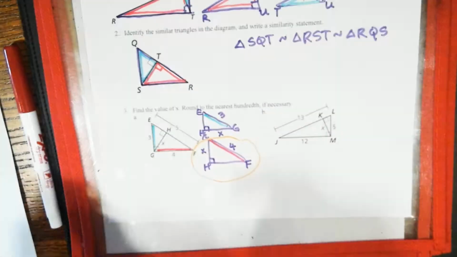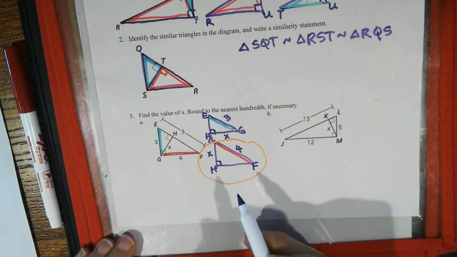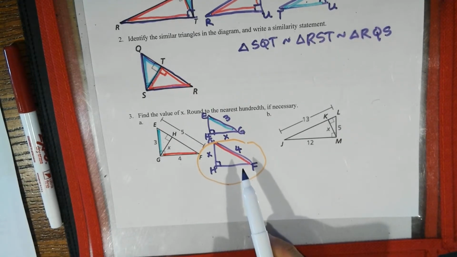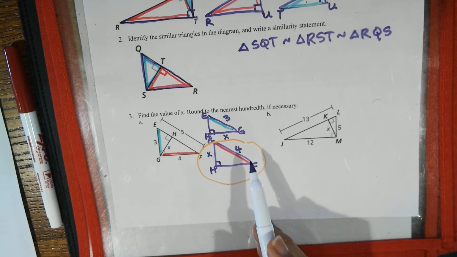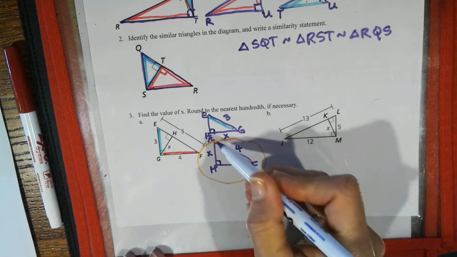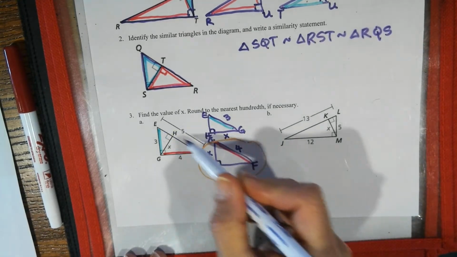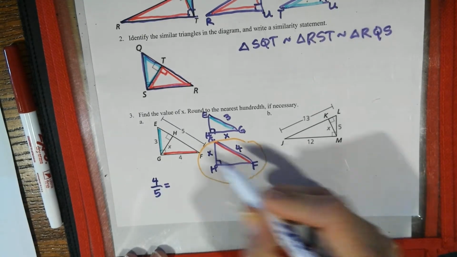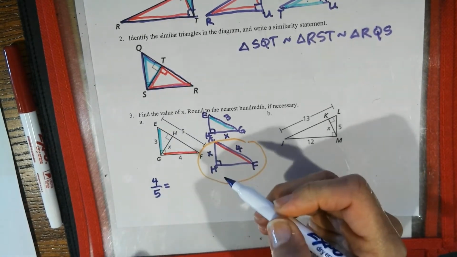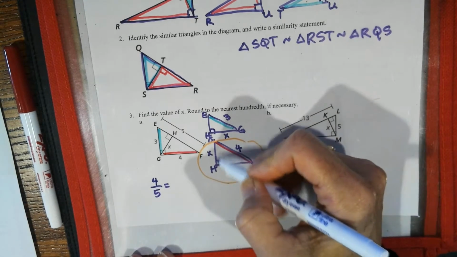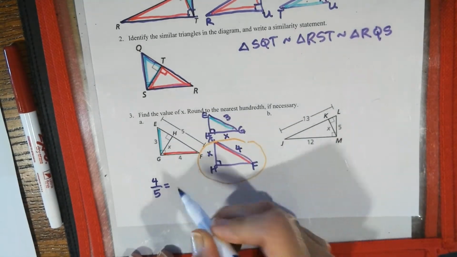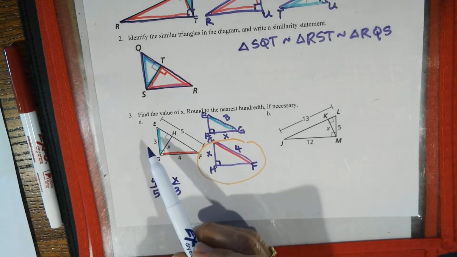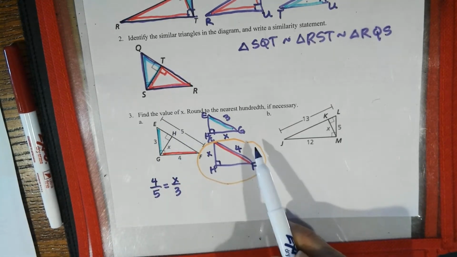So that means that in this big one and this one, I'm going to write this hypotenuse over this hypotenuse. So 4 over 5, I'm going to let that equal X over 3. You could have also written 3 over X equals 5 over 4.